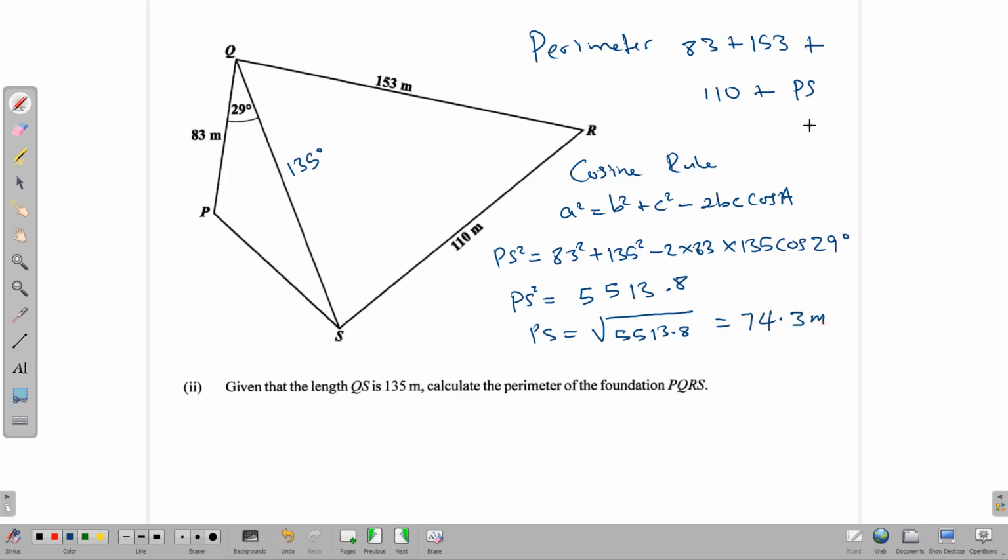So now that we know PS, we can add this 74.3 there. And so our perimeter being 83 plus 153 plus 110 plus 74.3 gives us 420.3 meters. That takes care of our perimeter distance around the foundation.